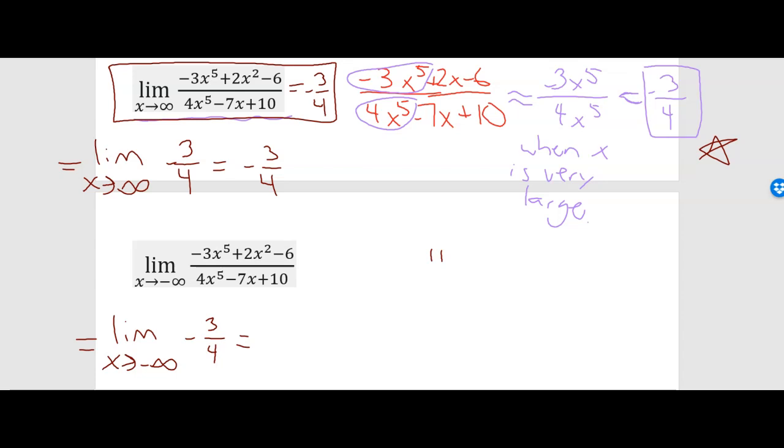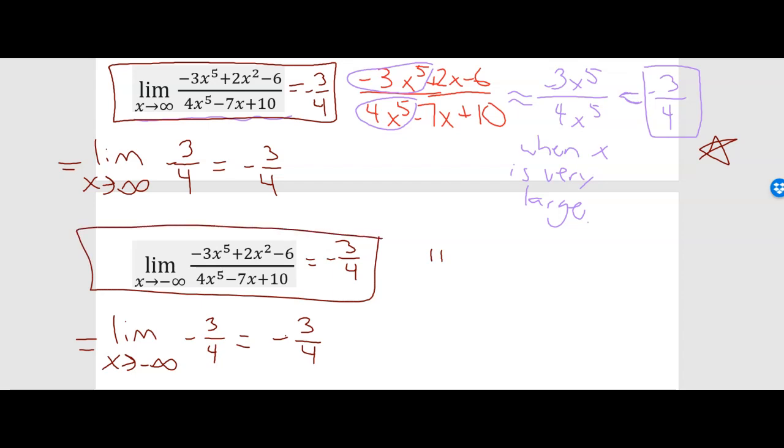So they're kind of the same function when x is very, very large. They're much different functions when x is not very large, right? They perform very differently when the x values are closer to 0 than when the x values are much farther away from 0. Anyway, this limit's going to be the same because it's a constant function, which means the limit up here is also going to be negative 3/4.